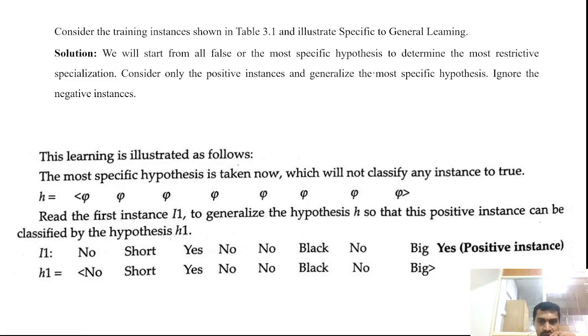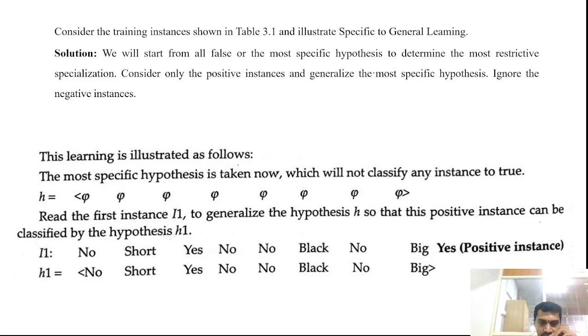If a negative instance comes, we ignore it. If an alternative positive instance comes, with values opposite to an attribute stated in the earlier positive instance, then we generalize. We won't replace with negative. First, we are initializing with phi.